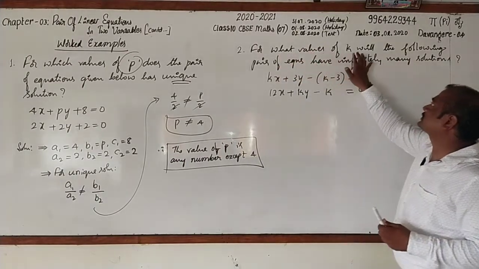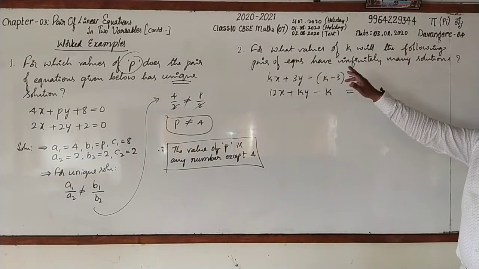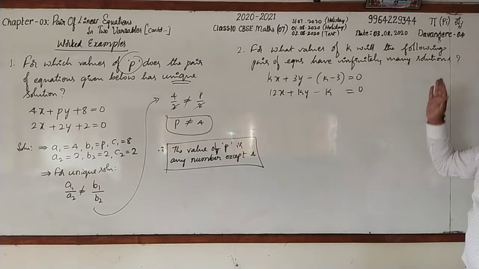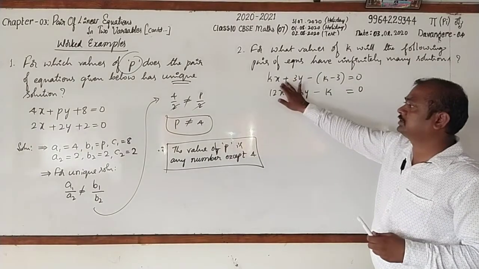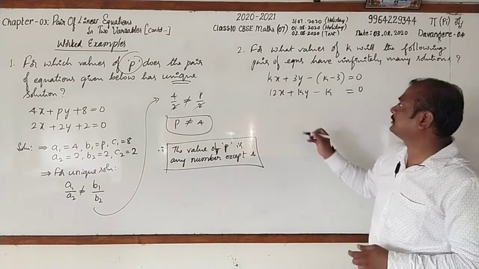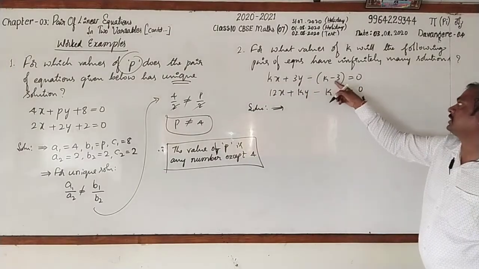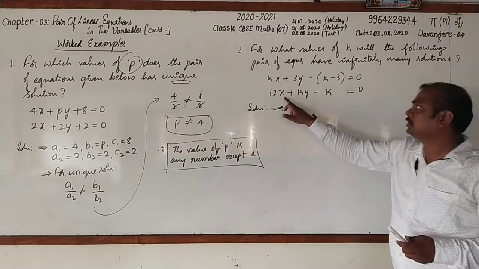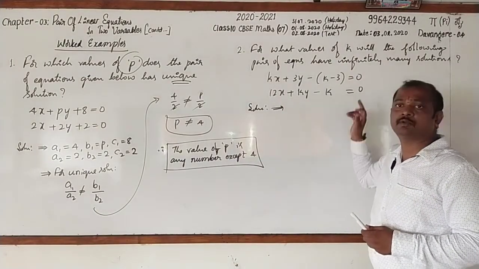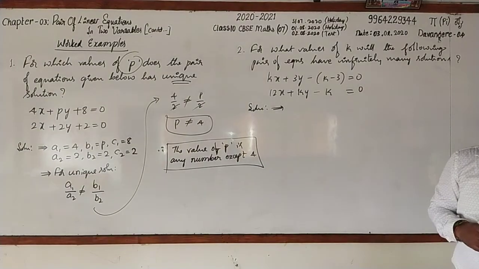For what values of k will the following pair of equations have infinitely many solutions? This is kx plus 3y minus of k minus 3 equal to 0 and 12x plus ky minus k equal to 0.